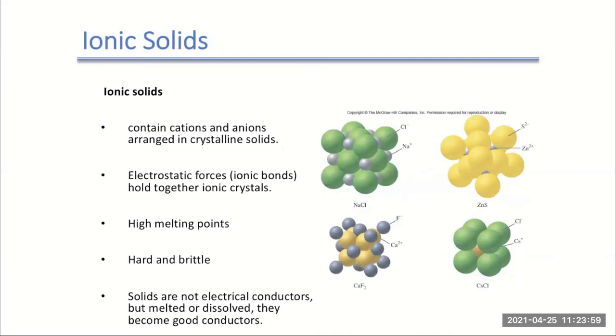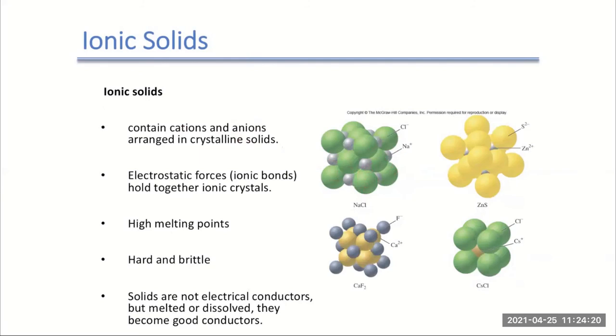Ionic solids are ones we've seen throughout this whole class. They're composed of cations and anions, and they're arranged in a crystalline solid. You can see here sodium chloride, where the sodium and chlorine atoms arrange themselves alternating chlorine, sodium, chlorine, sodium, chlorine, sodium.